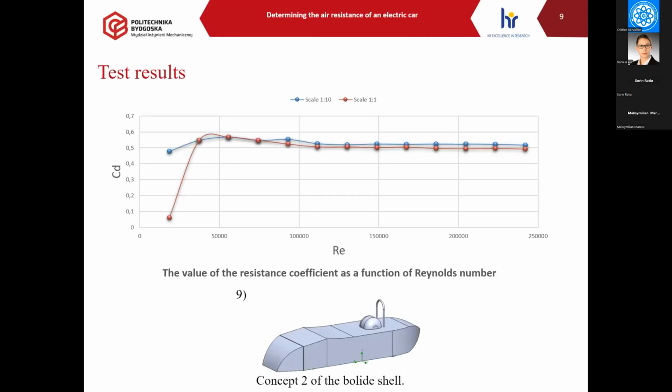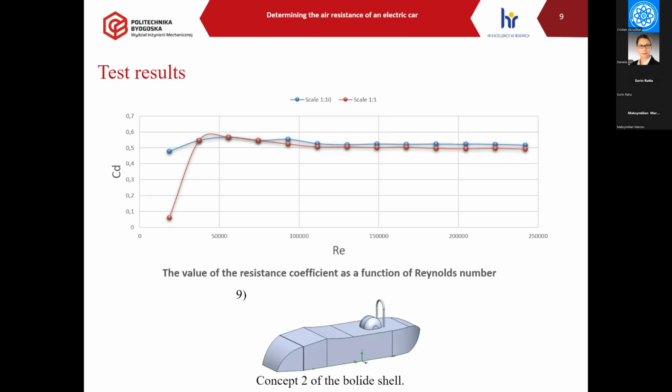This figure shows a diagram of the performed numerical analysis for the value of the aerodynamic drag coefficient on the Reynolds number for the second of the made bolide models. Analyzing the diagrams of the relationship of the aerodynamic drag coefficient values to the Reynolds number for the second concept, the same trend as for concept 1 can be observed.